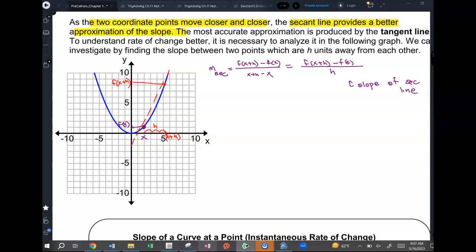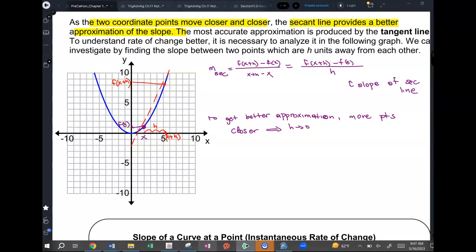Yes? So let's write that down. So to get a better approximation, okay, we're going to move the points close to each other, which means h is going to approach 0.